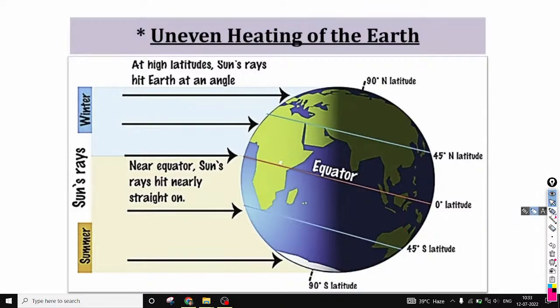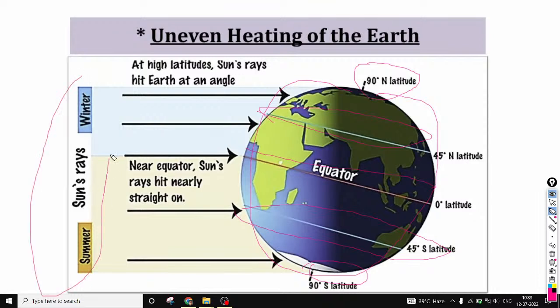See here, this is your earth, and this is your northern latitude and this is your southern latitude. This is your equator, and this is your 45 northern latitude. Here this is your sun, and the sun rays are coming from this direction. Suppose your earth is rotating likewise.